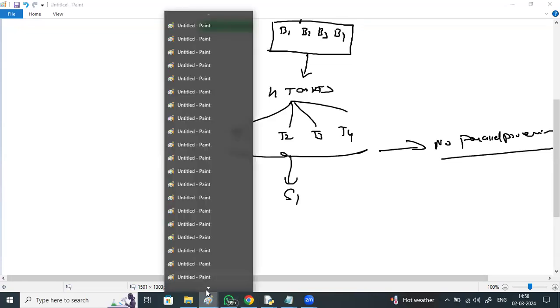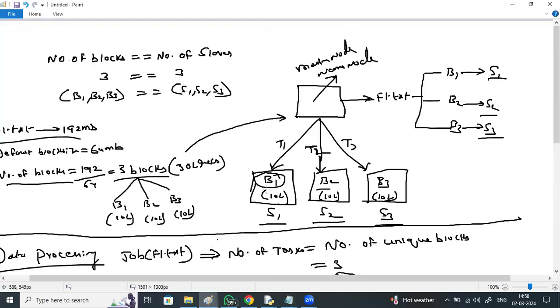If you go back to case one, T1, T2, T3 are executing parallelly. Suddenly, if any one system goes down, three tasks are executed by the three systems, suddenly this system goes down. Then these 10 lakh records are lost.